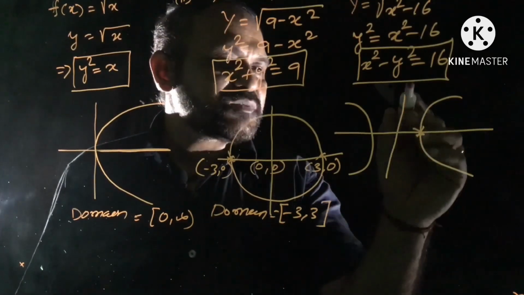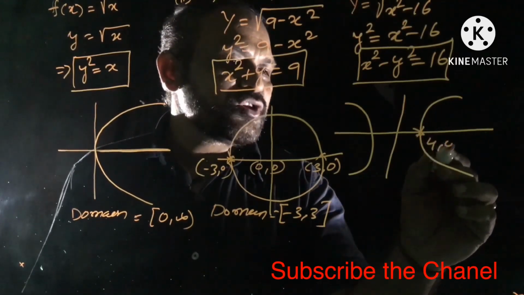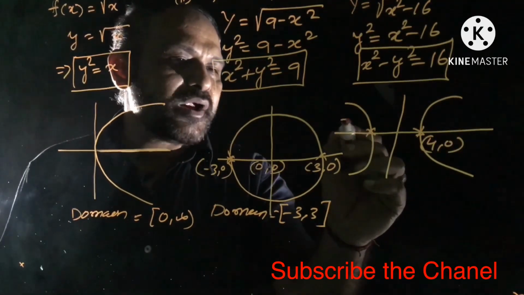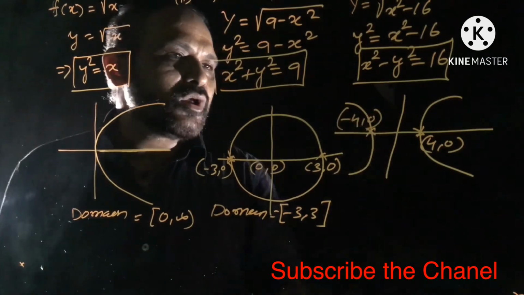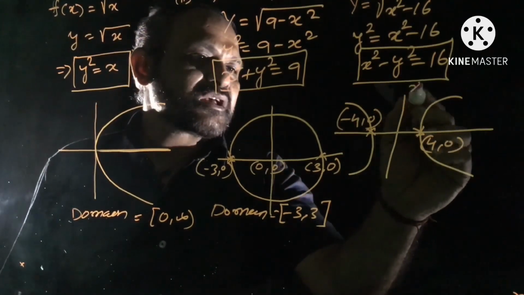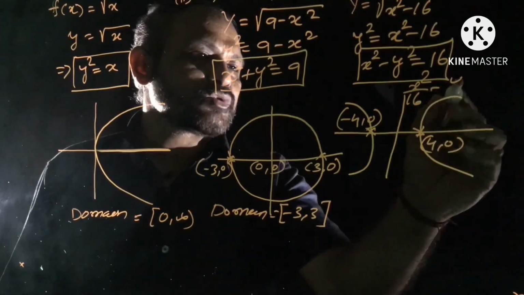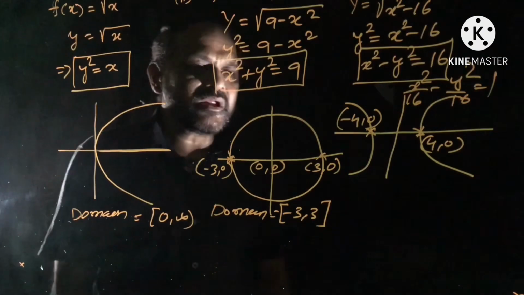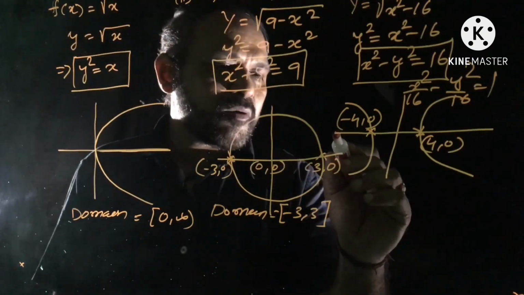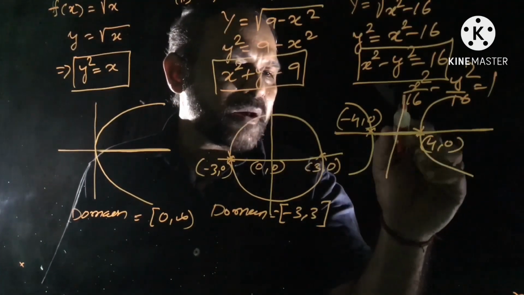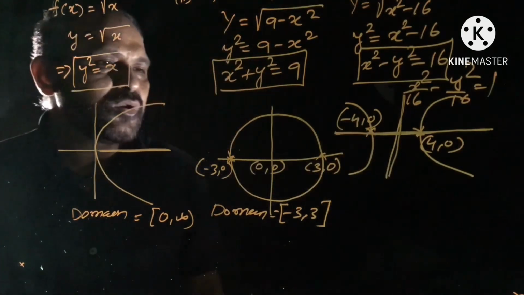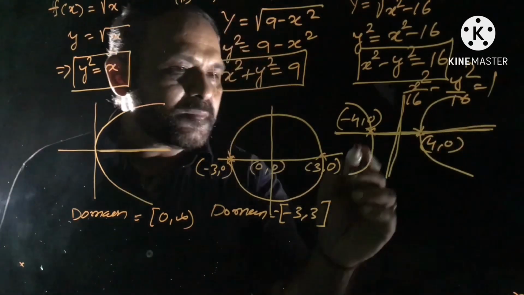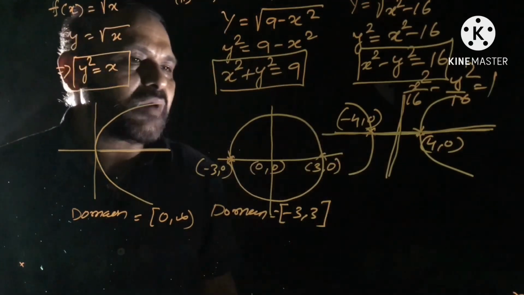Now the coordinate of this point is 4, 0 because there is 16, and the coordinate of this point is minus 4, 0. We can write this as x square by 16 minus y square by 16 is equal to 1. Now tell me, to draw the figure of this hyperbola, what is the possible value of x? We can take x is greater than or equal to 4 and x is less than or equal to minus 4.